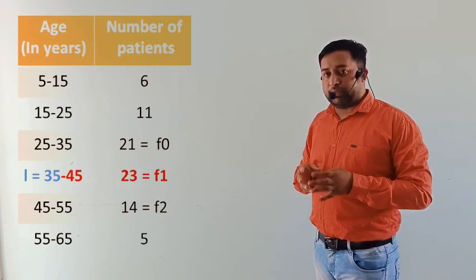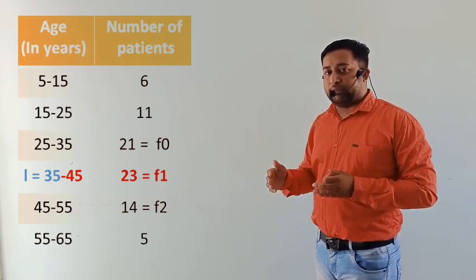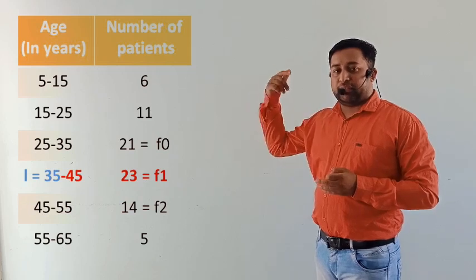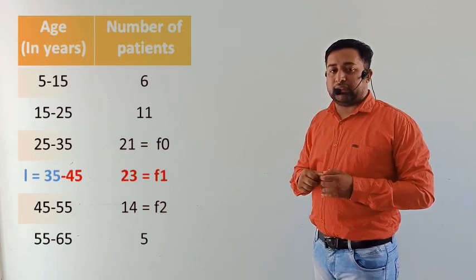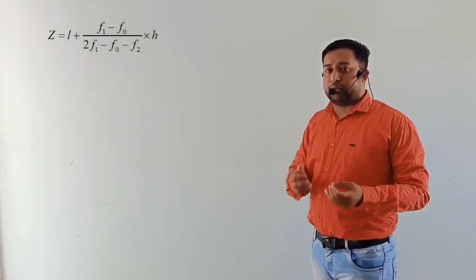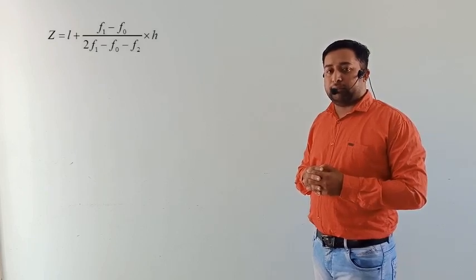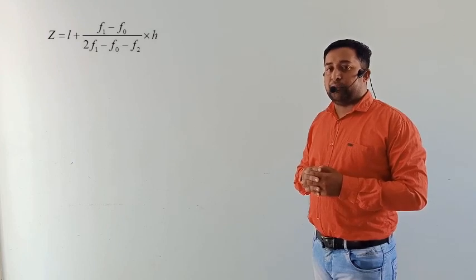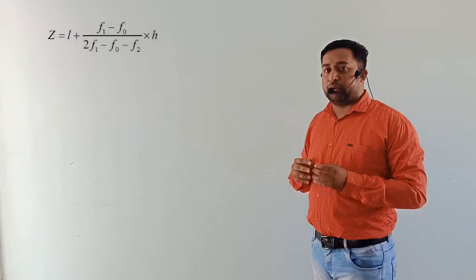The lower limit of the modal class is 35. 23 will be f1. The preceding frequency 21 is f0. The next frequency 14 is our f2. Substituting all these values in our formula, Z is equal to L plus f1 minus f0 upon 2f1 minus f0 minus f2, into h.